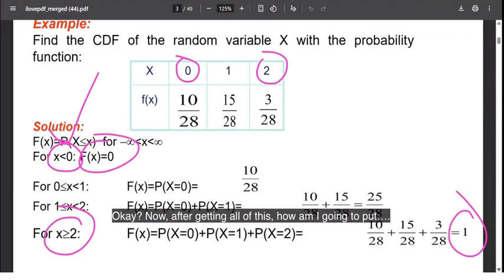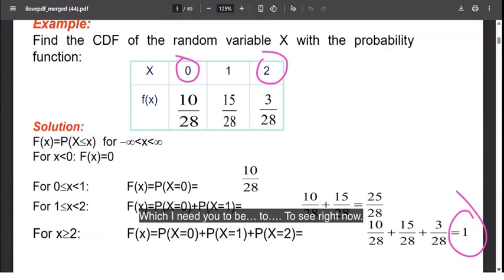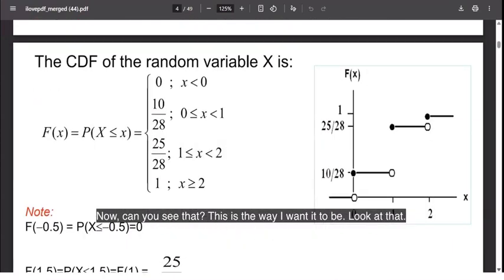Okay. Now, after getting all of this, how am I going to put my distribution function answer? There's a way we're going to put that, which I need you to see right now. Can you see that? This is the way I want it to be. Look at that.